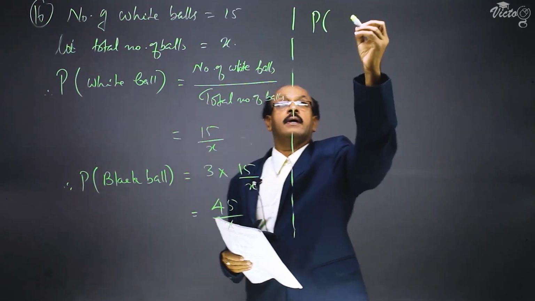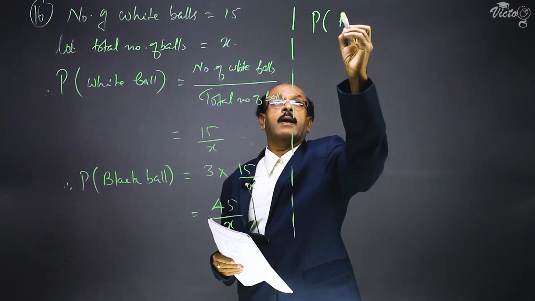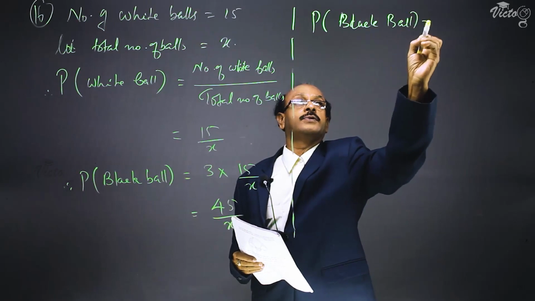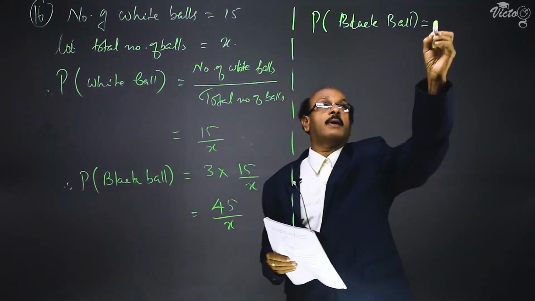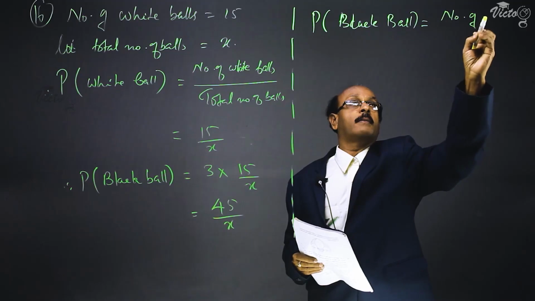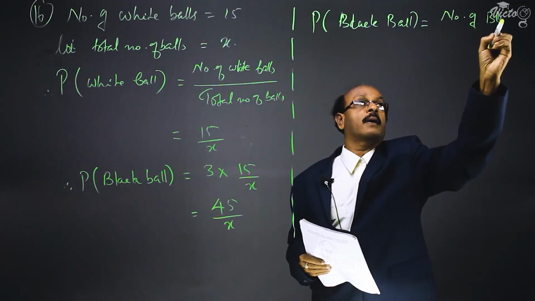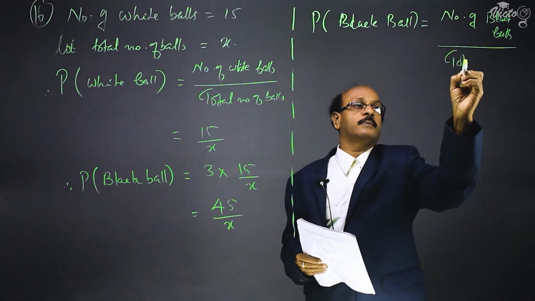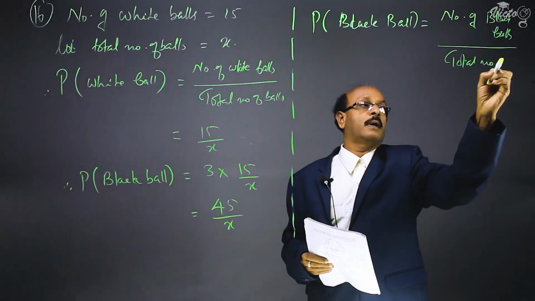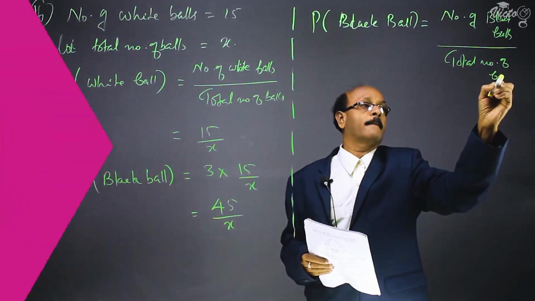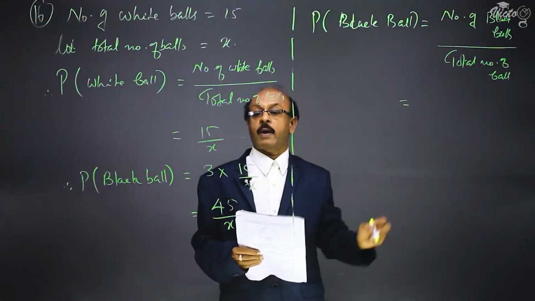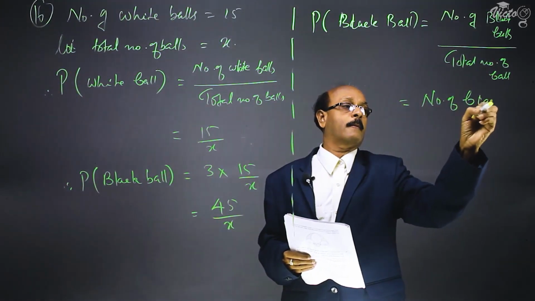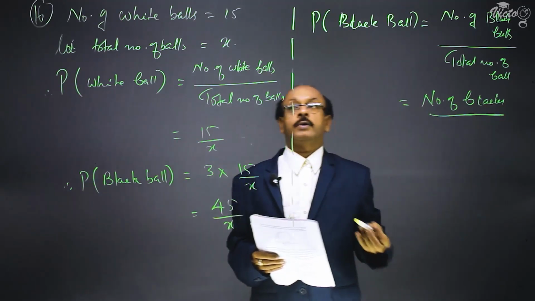Probability of getting a black ball is equal to number of black balls divided by total number of balls.